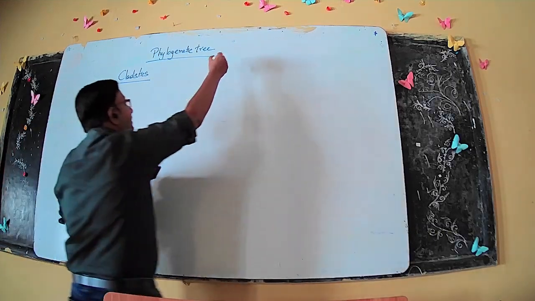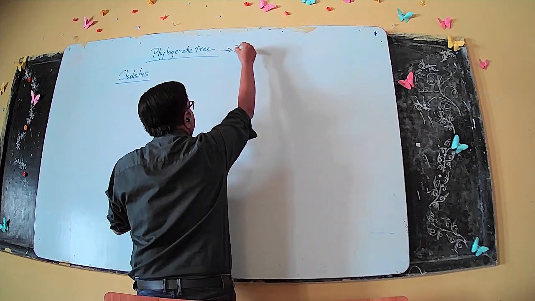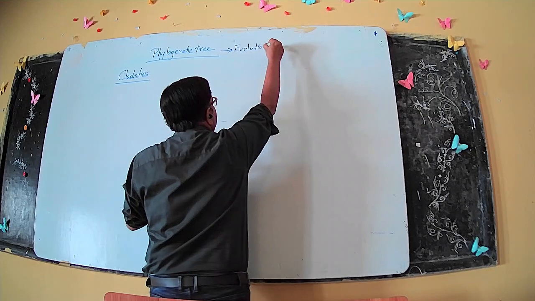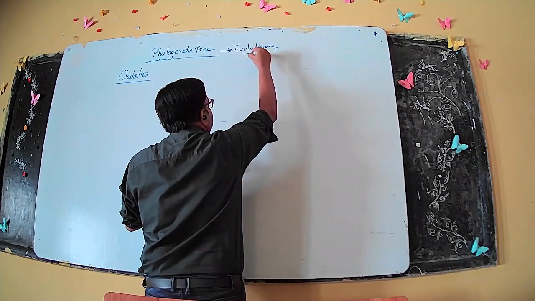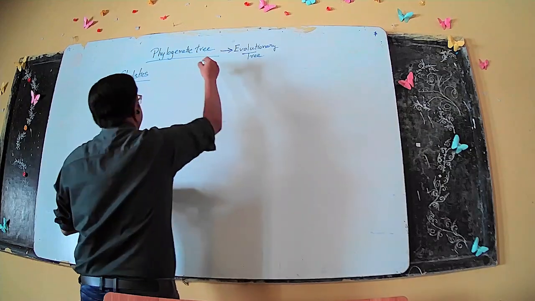So what is a phylogenetic tree? It is an evolutionary tree. What does it do?